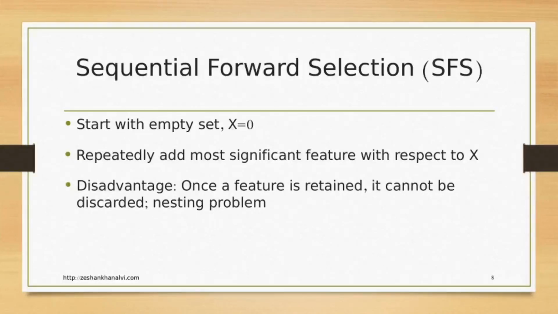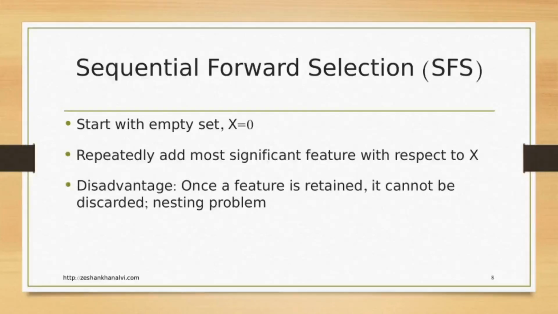But here we have a disadvantage. For example, let's assume a feature I is good individually, but it is worse with the feature J, and if we select I, then we don't have the option to reject this I. We can select J or reject J, but we can't reject I.